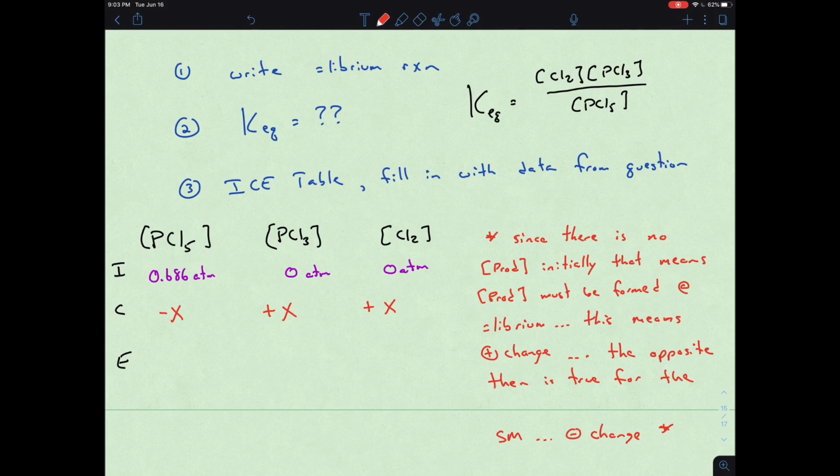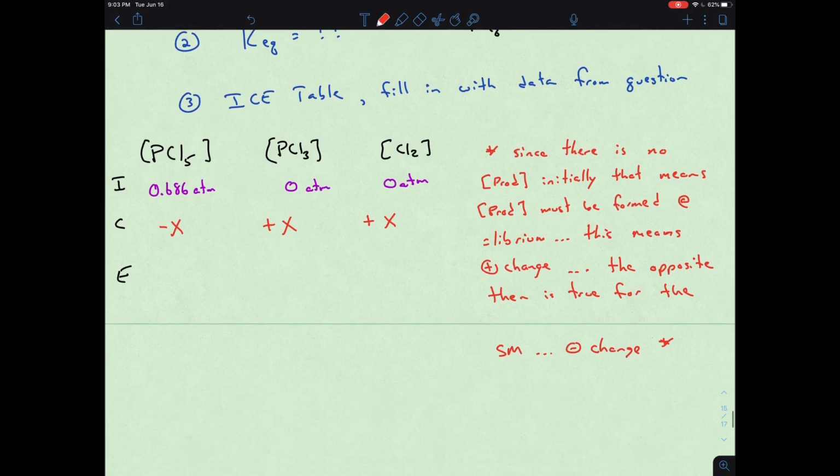And so that's why they're both positive X. So X is equal to change and is dependent on stoichiometry.